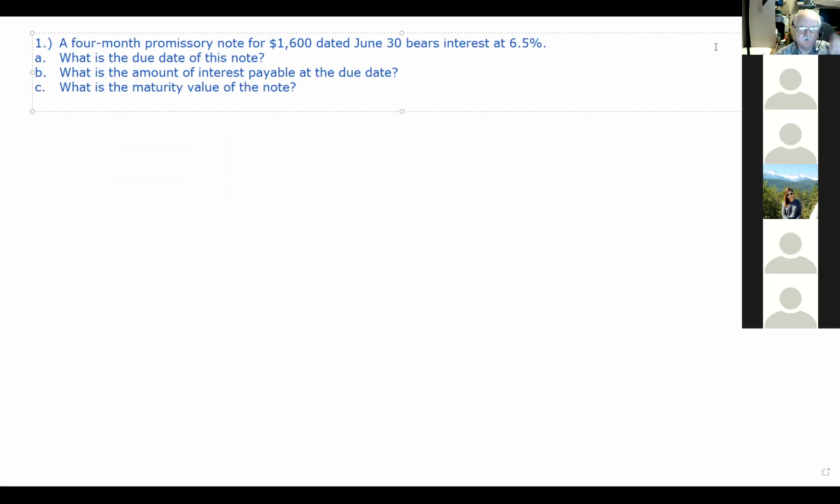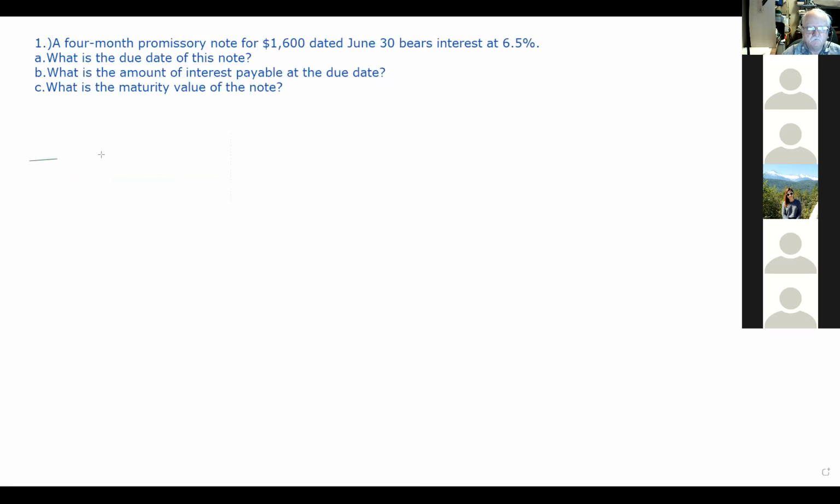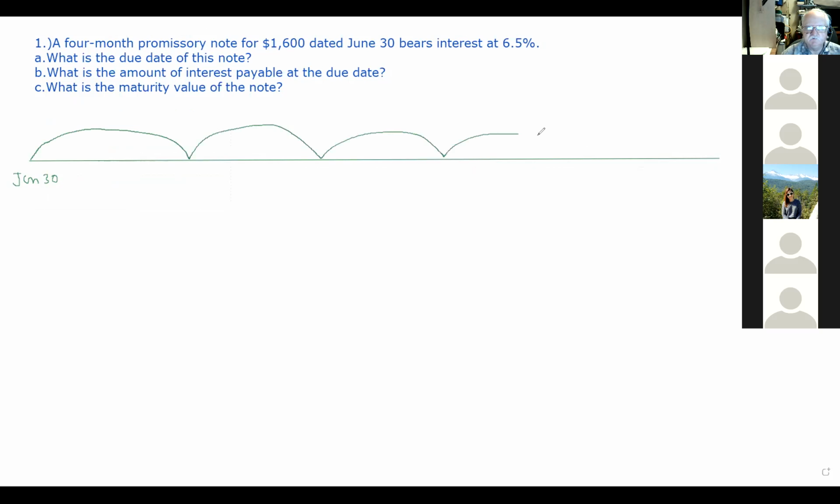So it was a 4-month promissory note. We created a timeline, and we're starting at June 30th. They didn't give us a year, but we're going 1, 2, 3, 4. Whenever you're moving forward, you're going on the same date.